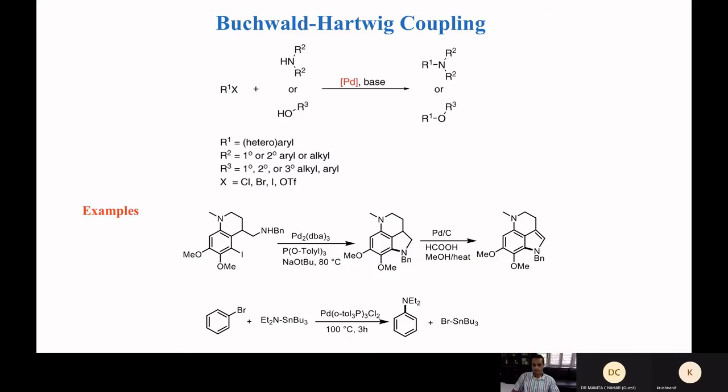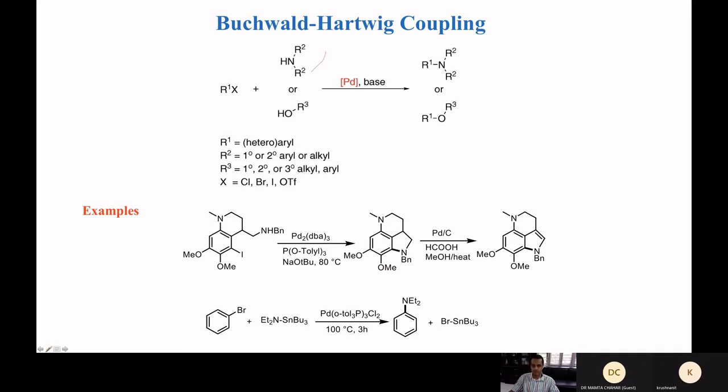In the last class, we were discussing this palladium catalyzed coupling reaction, famously known as Buchwald-Hartwig coupling. This reaction deals with formation of an amine.